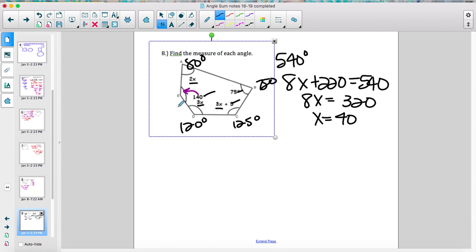The measure of angle E needs no work, it was just the value of 140 degrees. And again, those angles sum up to 540, so we know that we have completed the problem correctly.